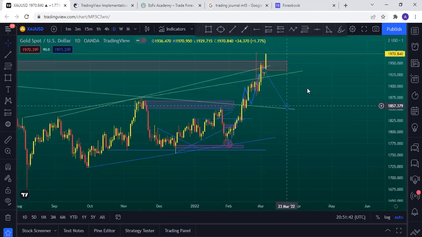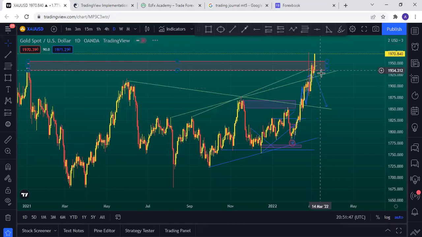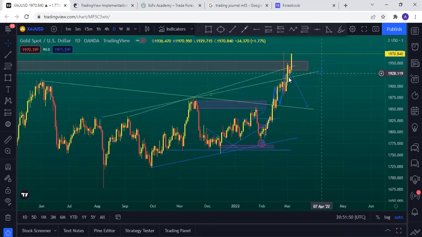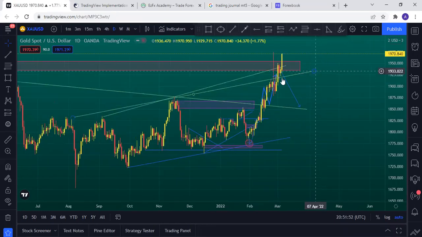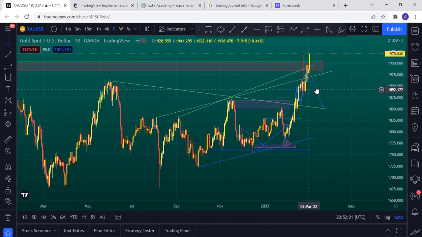Now, I was expecting gold to give me some really nice movements from this area, but apparently it only bounced and came back to this second trend line. As you can see, it bounced from this zone, came back to this trend line, and pushed higher. However, let's see what gold has in store for us this new week.